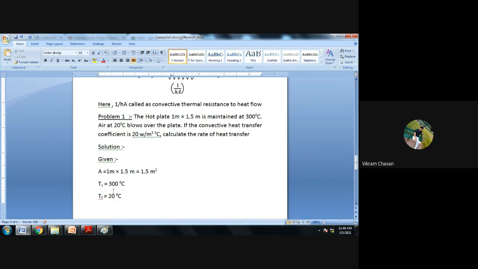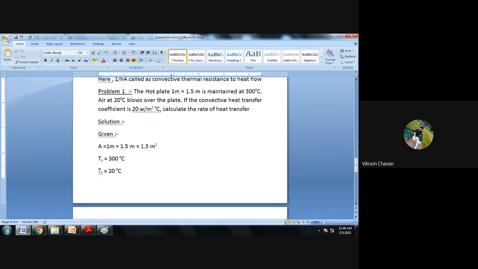Then next, the surface temperature of the plate is provided, T suffix S, and it is equal to 300 degrees Celsius.